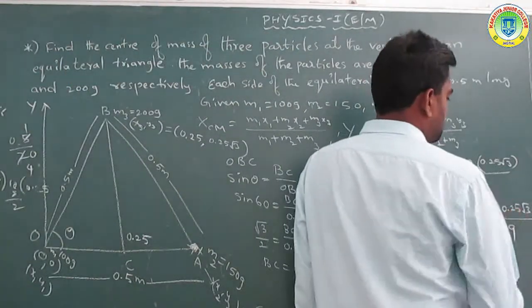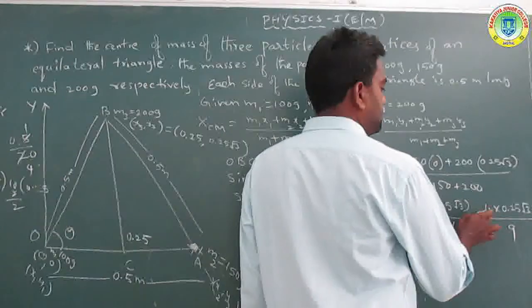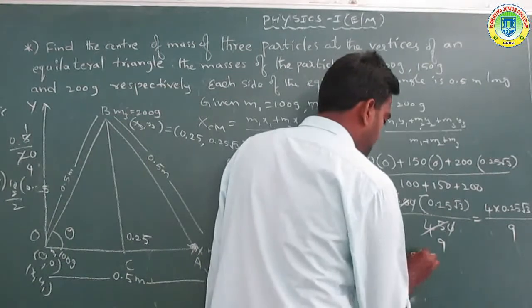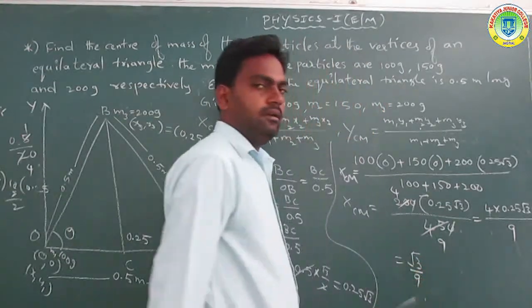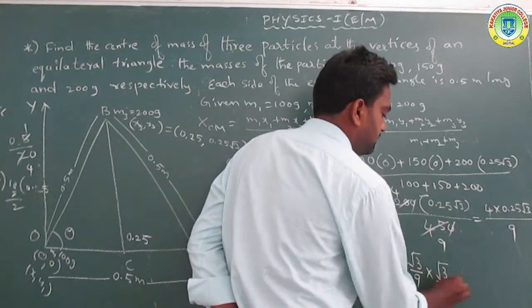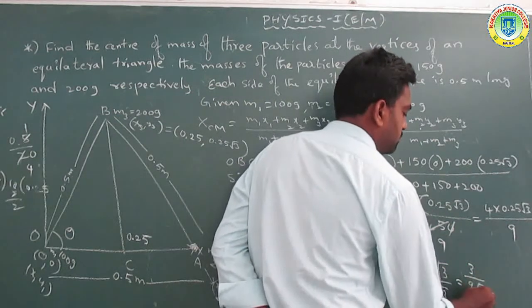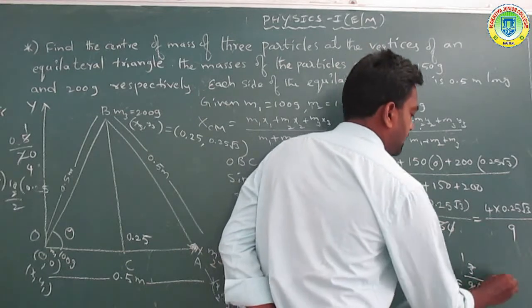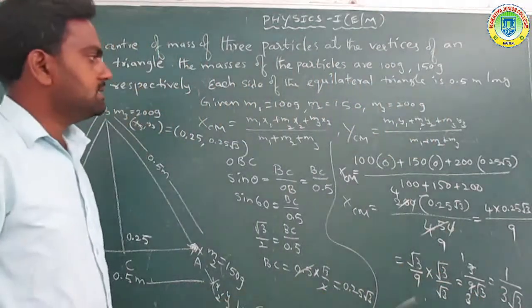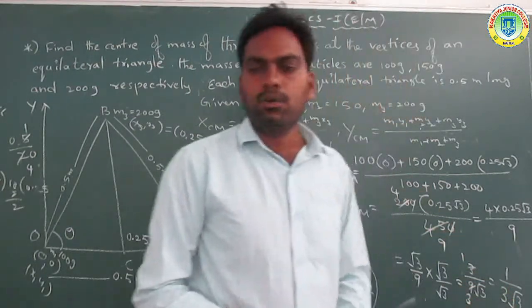Multiplying and dividing by root 3, we get 3 by 9 root 3, which is 1 by 3 root 3. So YCM is equal to 1 by 3 root 3.